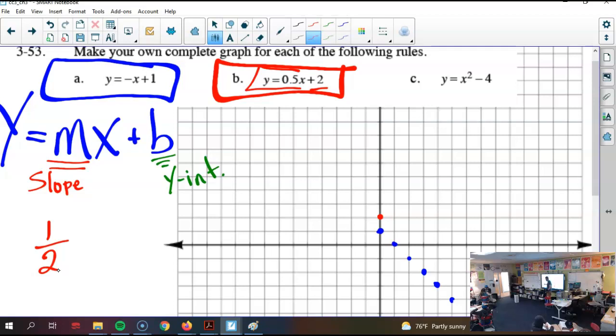If you need to make a note on your paper, we use that triangle y and the triangle x because the triangle, delta, means change in vertical, the y is vertical, and change in horizontal. So I go up 1 over 2, that makes a little bit more sense than trying to go up 1/2 and over 1. Right? This is how this line should look.